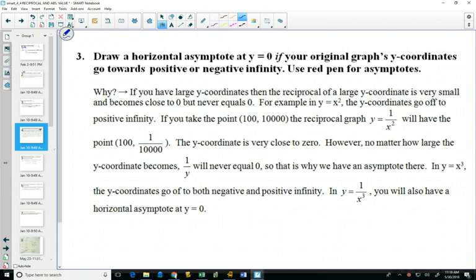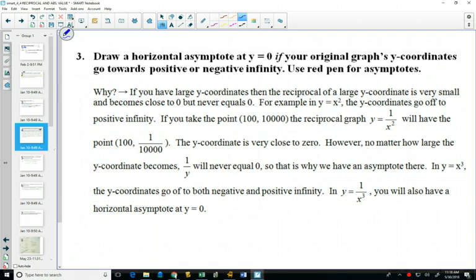After drawing your vertical asymptotes, you're going to look if your graph has a horizontal asymptote. So your graph will have a horizontal asymptote at y equals 0 if the original graph, f of x, either gets really, really big y values, either positive big y values or negative y values.